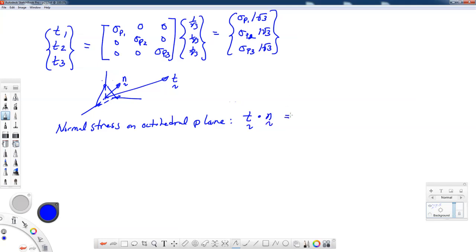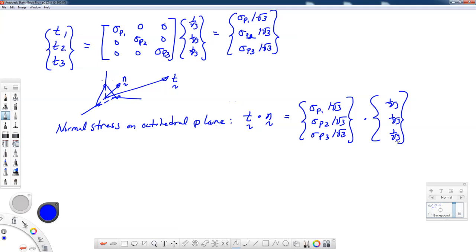Now our t, we just saw, were these respective principal stresses divided by the square root of 3. And our unit normal is 1 over the square root of 3. This produces a scalar value. And the scalar value then is equal to sigma p1 over 3 plus sigma p2 over 3 plus sigma p3 over 3.